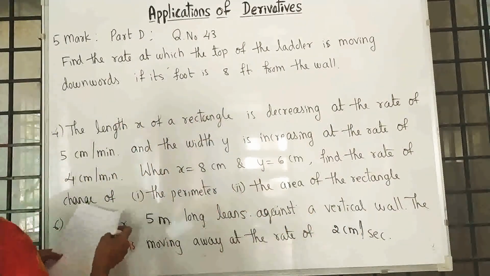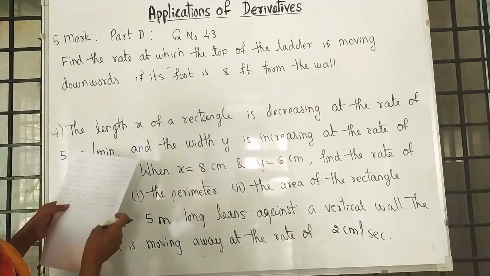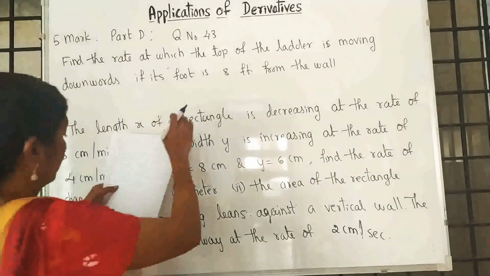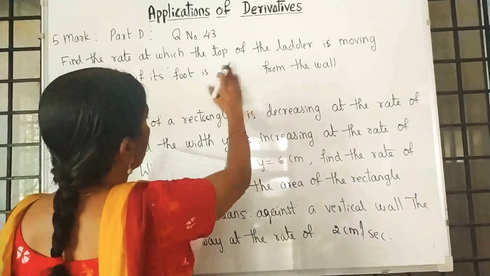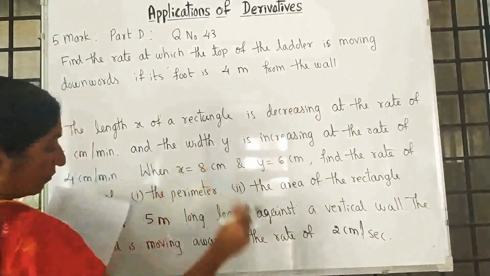How fast is its height decreasing when foot of the ladder is 4 meter away from the wall.